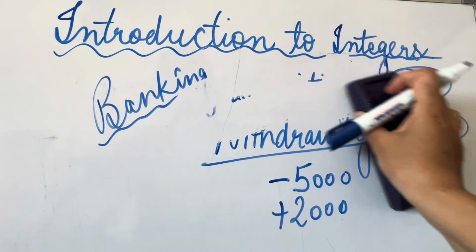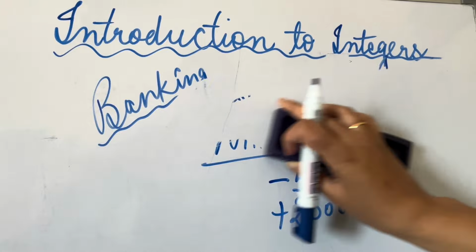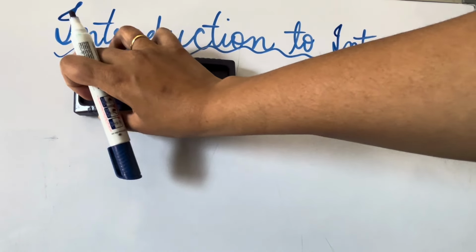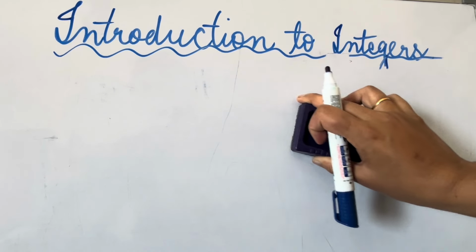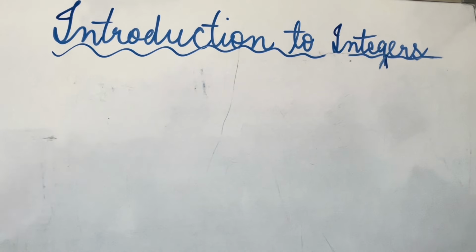Now we will discuss some other situations. I'll write them down here, and then you will think and answer me. I'll write down the answers here also, but you can answer in your mind what situations will be represented. As I have discussed about ground level, directions, banking, there are many things where these are used.